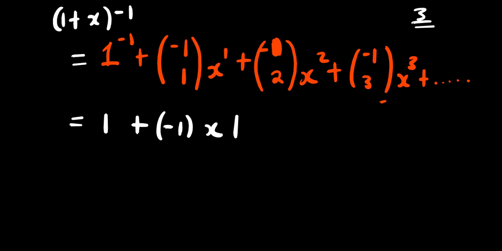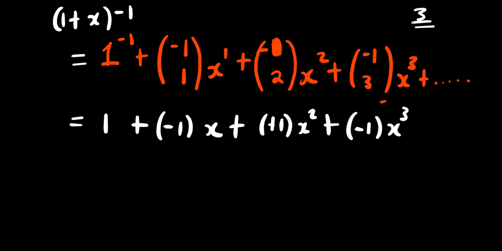Okay, I come to the third term, negative 1 combination 2. It gave us a positive 1. This positive 1 is going to multiply by our x squared plus negative 1 combination 3. It gave us a negative 1. So this is negative 1 multiplied by x to the power 3 plus, and it's continuing like that.